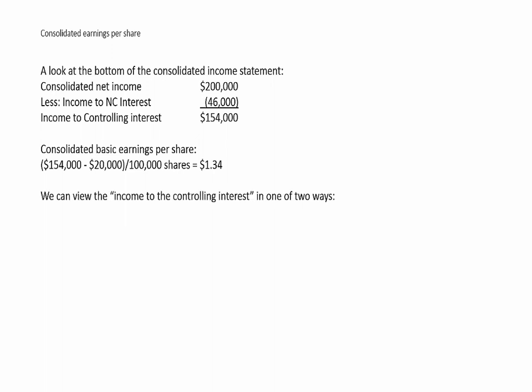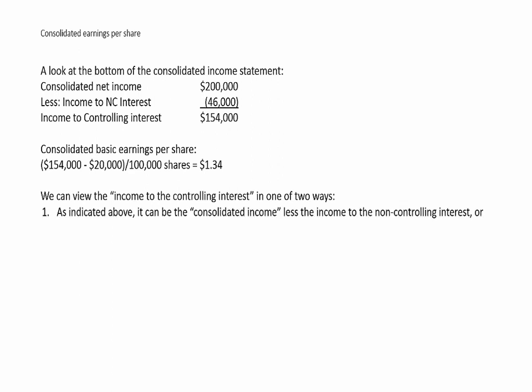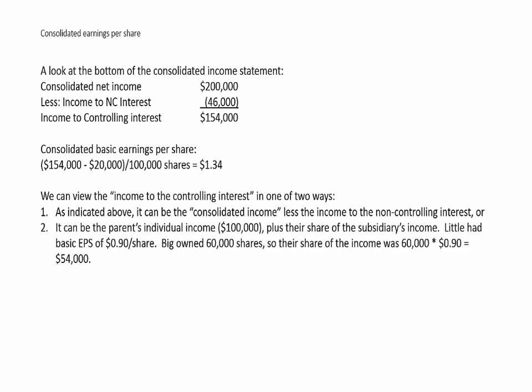Now we can view the income to the controlling interest in one of two ways. The best way, the most accurate and correct way, is the consolidated income less the income to the non-controlling interest. Now the textbook approaches this in a slightly different fashion when they deal with diluted earnings per share.